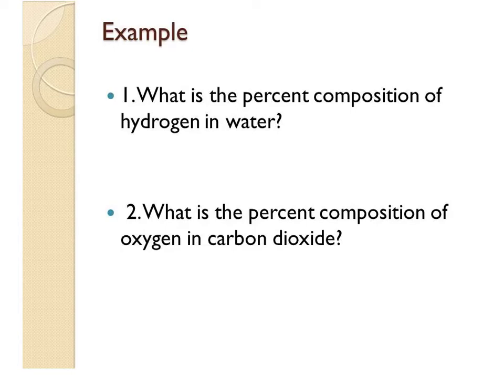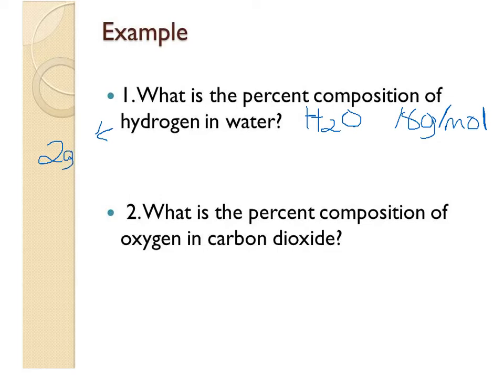Okay, our first example, what is the percent composition of hydrogen in water? We all know that water is H2O. Our molar mass of water is going to be about 18 grams per mole. And then the mass of just the hydrogen. Remember, there are 2 hydrogens, so the mass of the hydrogen is going to be about 2 grams.